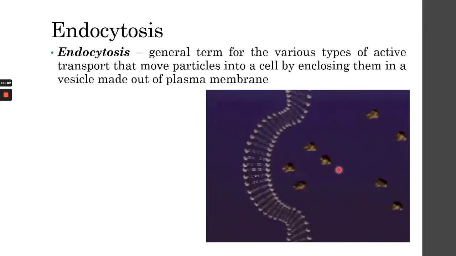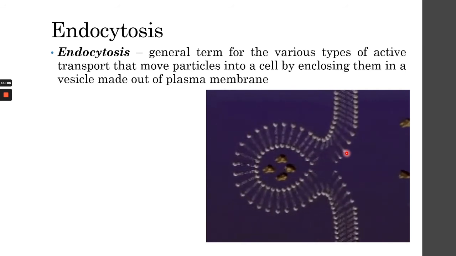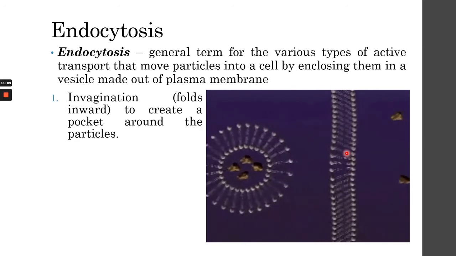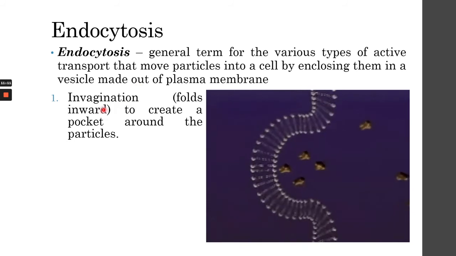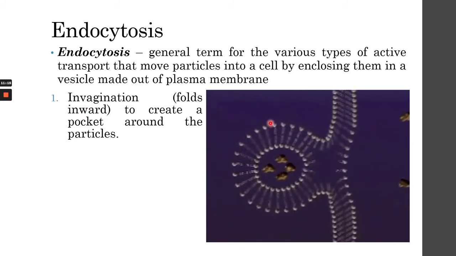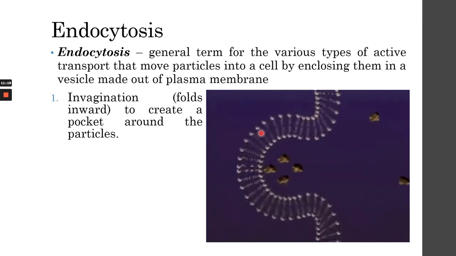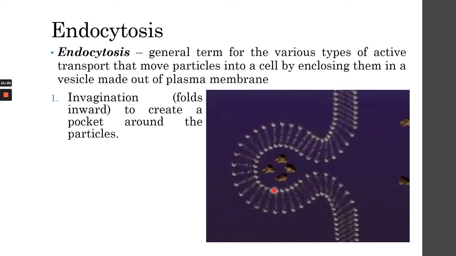They follow the same pattern, and there are two steps in order for them to do this. One is called invagination. Invagination is they create a fold inward. So as you can see, this is your cytosol again. This is the ECF. As you can see, it creates a fold inside. That's called invagination.